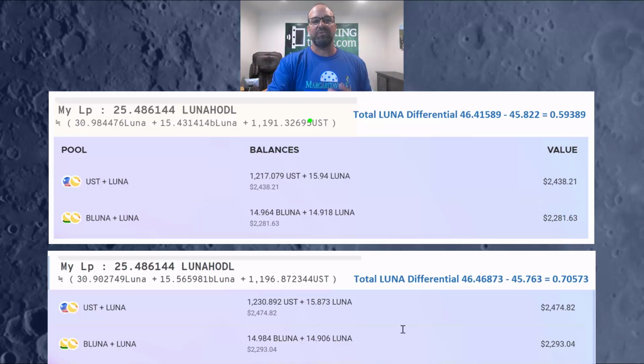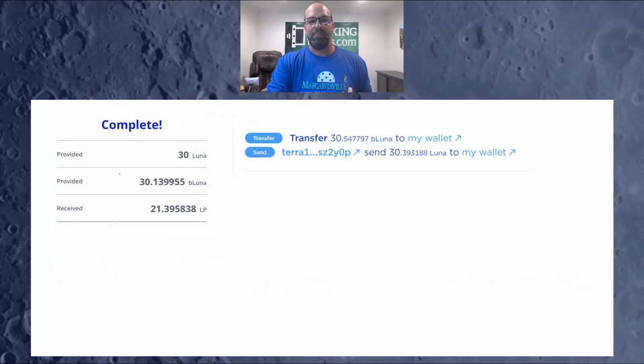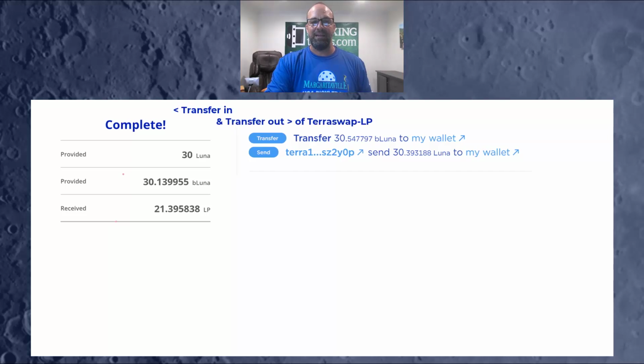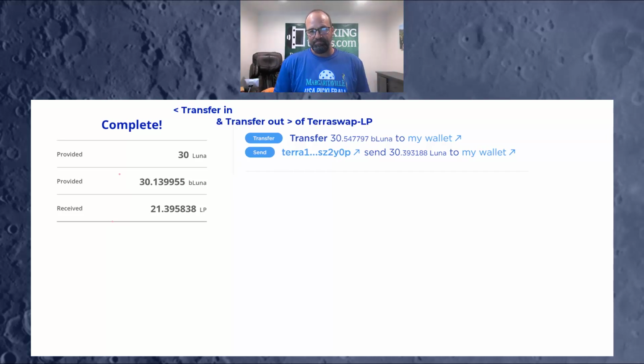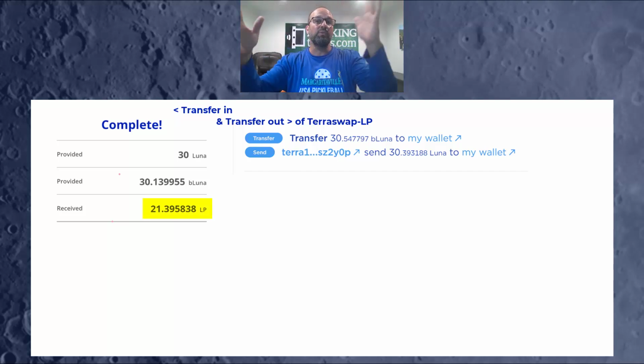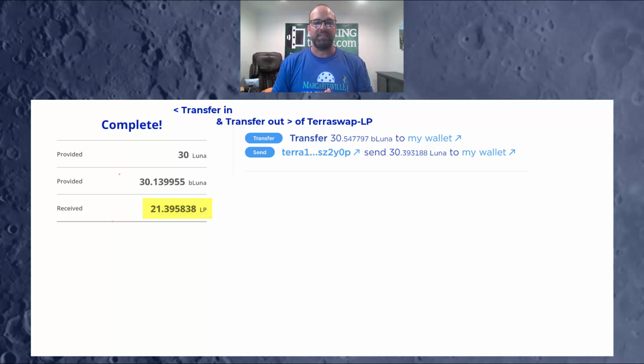Now, what's really interesting is when I go to exit the pool, and I put side by side the initial transaction, because you remember I started with 21.395 Luna bLUNA LP tokens.